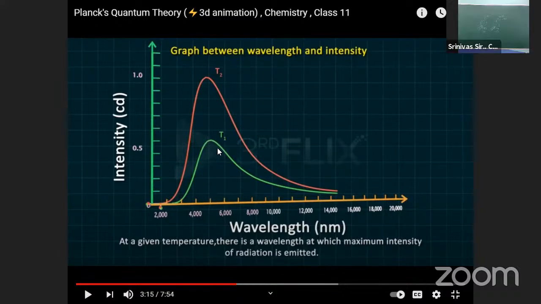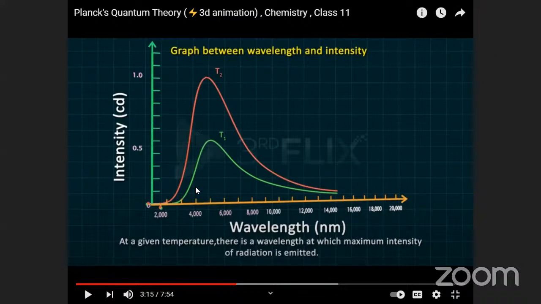So at a given temperature, there is a wavelength at which maximum intensity of radiation is emitted, known as lambda max. And at higher temperature T2, this is the maximum intensity, right? When you look at its lambda max, it is close to some 4,000, whereas at T1, it is close to 5,000.